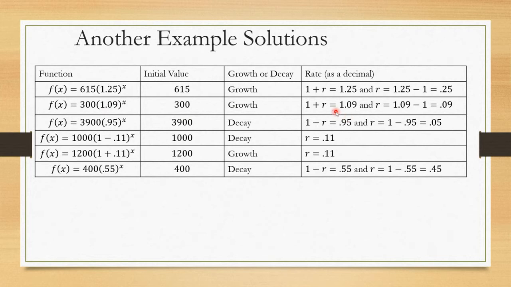What is r, in other words? Well, again, since it's growing, we must have 1 plus r equal to 1.09. So r has to be 0.09, just basic calculation. So the rate is 0.09, and as a percentage, it's 9%. So the function values are growing at a rate of 9%.